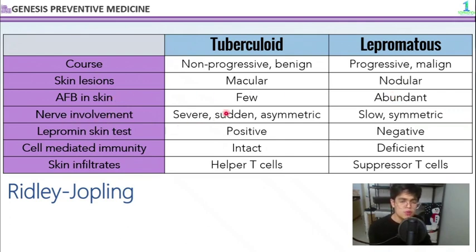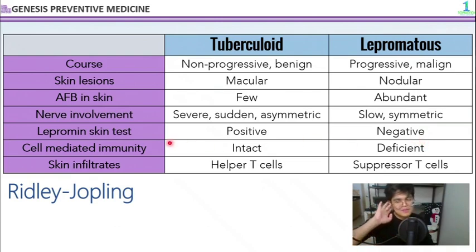For nerve involvement, the tuberculoid leprosy has severe, sudden, asymmetric involvement, which inadvertently helps because detection of the disease is faster, as opposed to slow, symmetric, but very overwhelming nerve involvement in lepromatous leprosy. The lepromin skin test is positive in the tuberculoid leprosy, and is negative in the lepromatous leprosy.